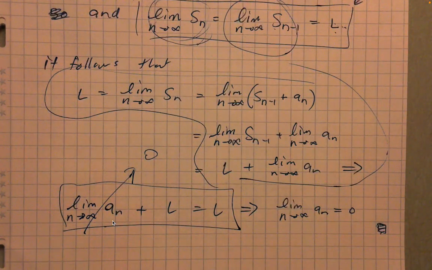A nice, powerful proof that gives you a more visceral sense for why and when a series converges and how it relates to the underlying terms of the sequence. A series converging implies that the terms of the original sequence have to converge to 0.